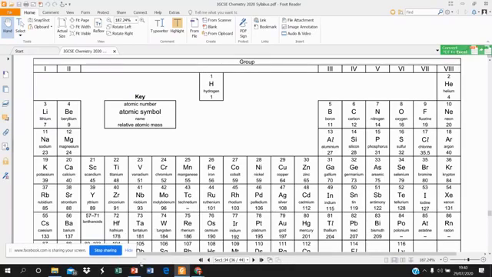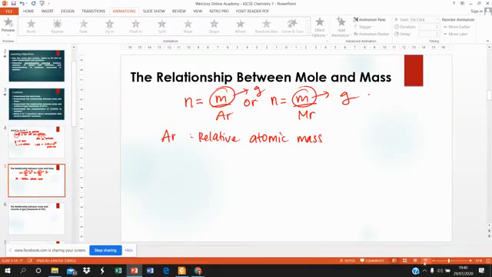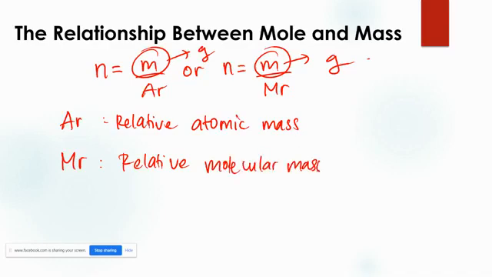Let's talk about MR. MR stands for relative molecular mass. It's an average mass of a molecule compared to the mass of C12 atom.